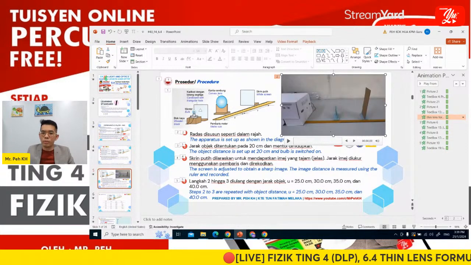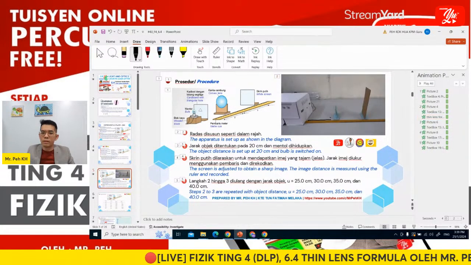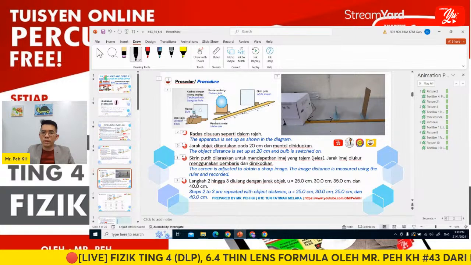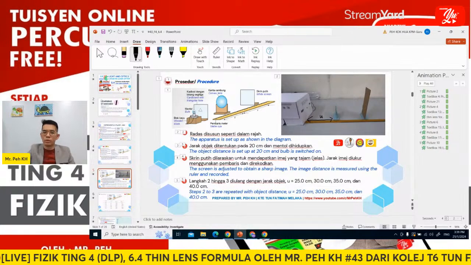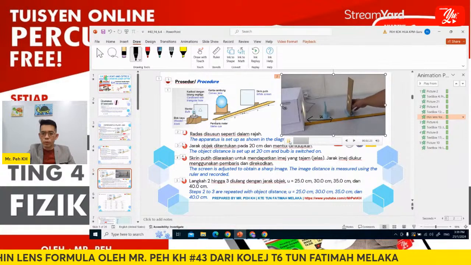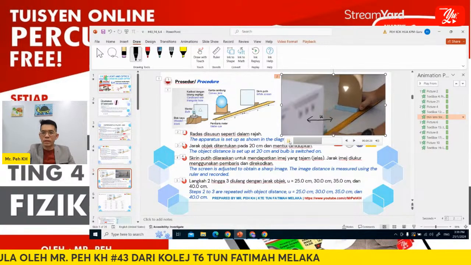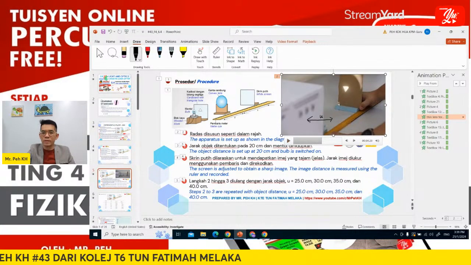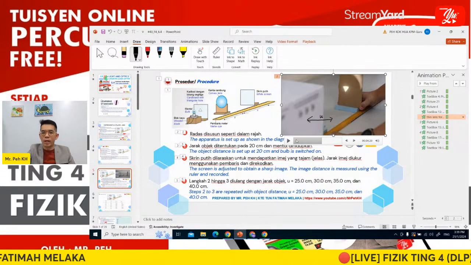So here will be the U. Then you need to adjust your widescreen until the image formed on the widescreen becomes sharp.